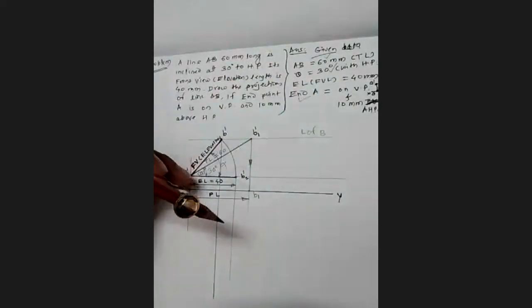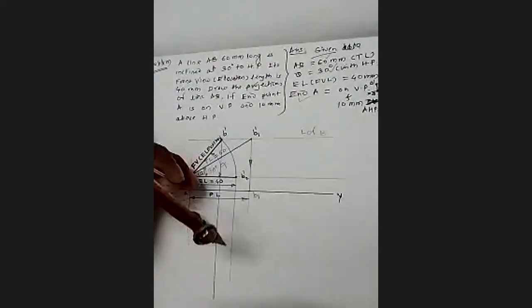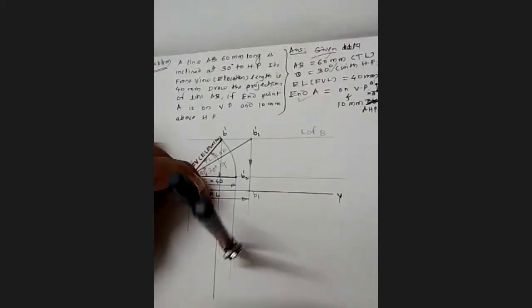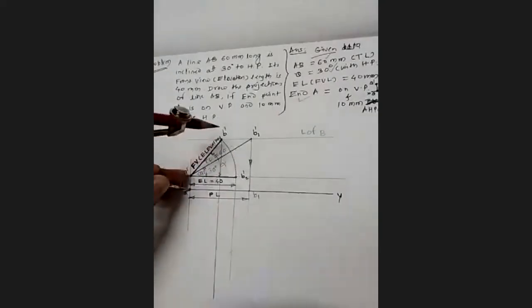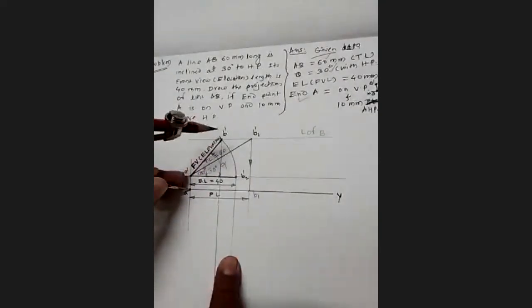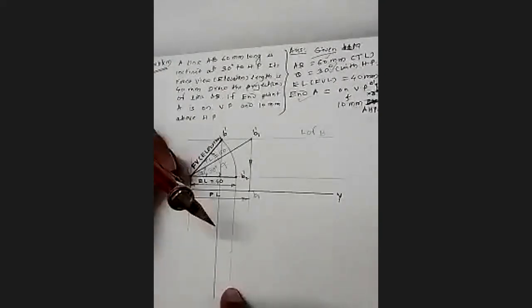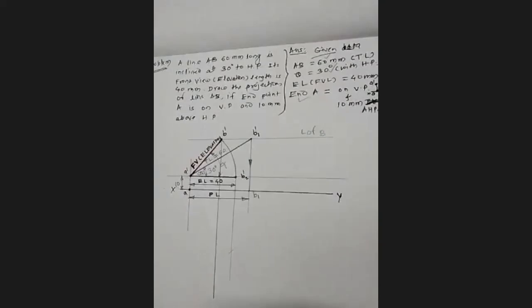In rare cases you will get multiple options, sometimes only one option. So you can cut this extension of the line here by taking 60 millimeter in compass. Is it fine? Yes, sir. Have you understood?